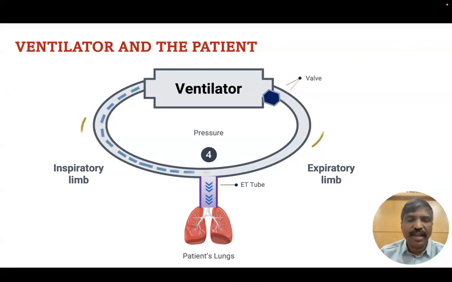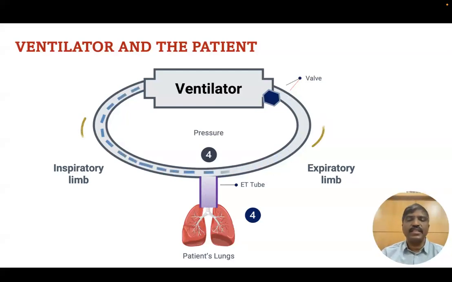The lungs will inflate, come to the FRC, and inflate till the pressure in the lungs becomes 4. Once the pressure in the lungs becomes 4, no gas flows from the circuit to the patient, but the flow of gas in the circuit is continuous.